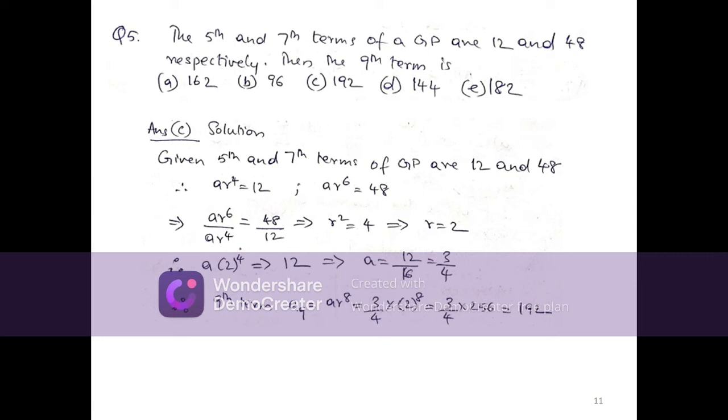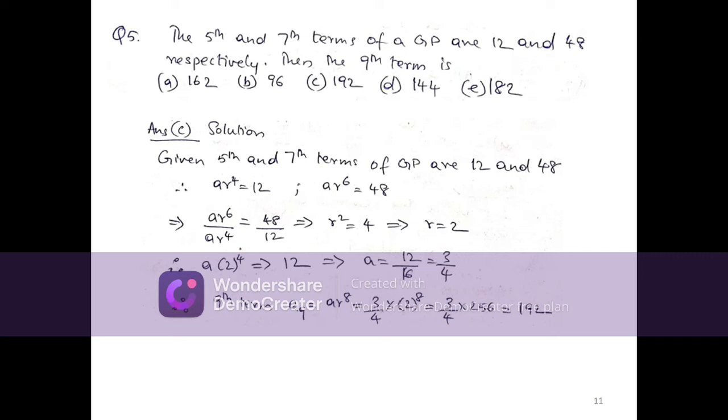And the seventh term is A into R raised to 6, equal to 48.